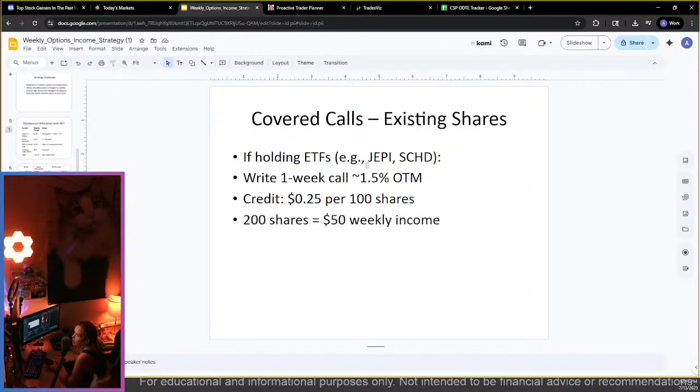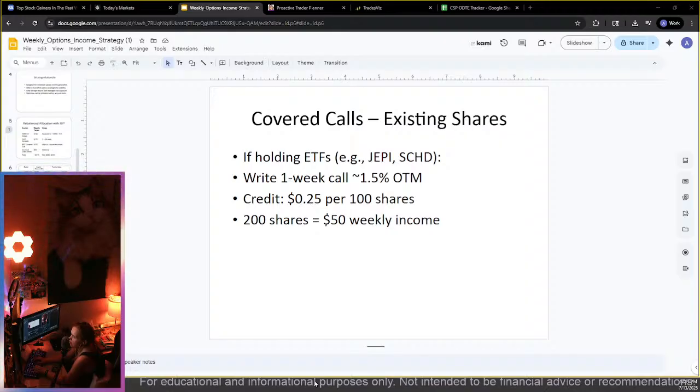And then the covered calls. So right now we have Walmart, but that's not following the procedure, so we're going to have to switch it.